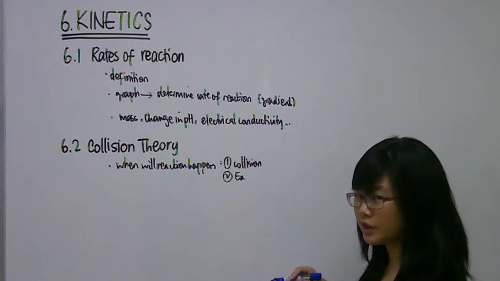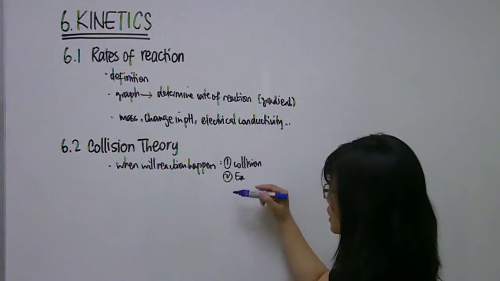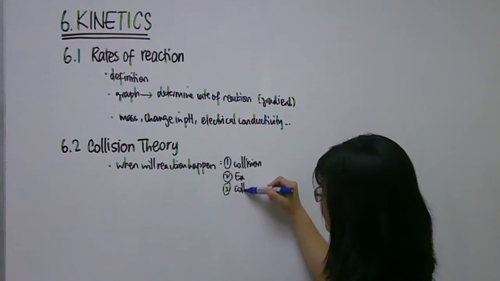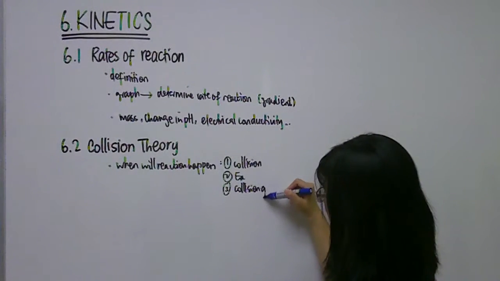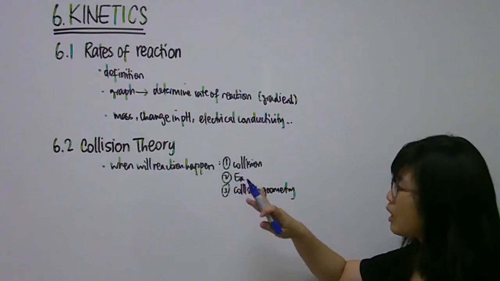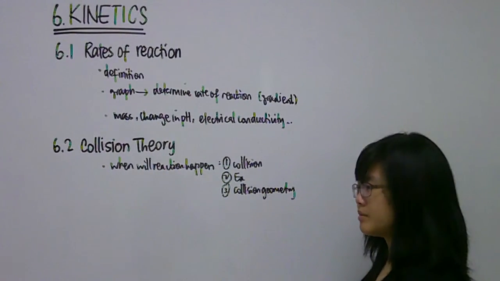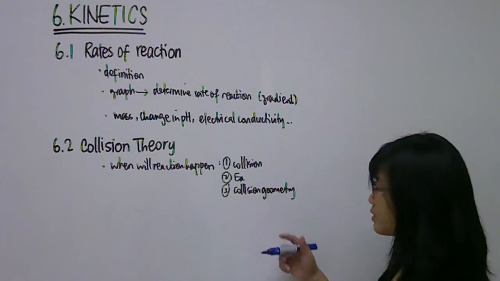There must be enough energy, or the energy must be over the activation energy. And the third one, they must collide with the correct collision geometry. I believe the first two were already discussed in maybe O levels or IGCSE, but the third one is something new.